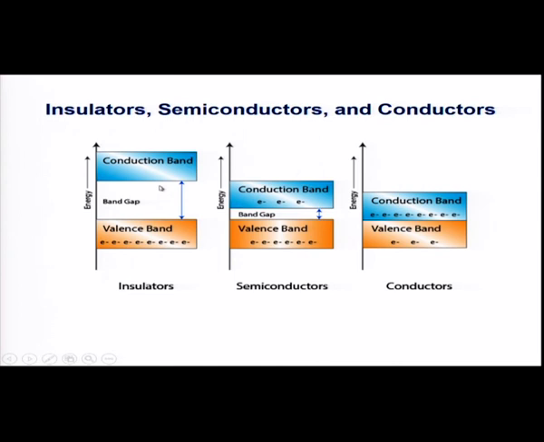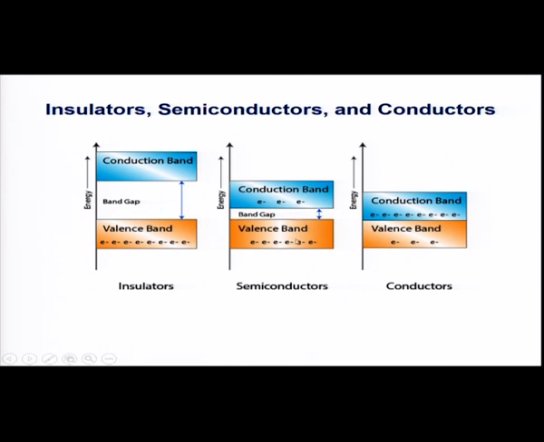So, the band gap for the insulator is very large, and when you compare this band diagram to semiconductors, you have electrons in the valency band, and similarly in the conduction band. In insulators there are no electrons in the conduction band, whereas in semiconductors there are a small number of electrons in the conduction band, and the band gap is very small in size.